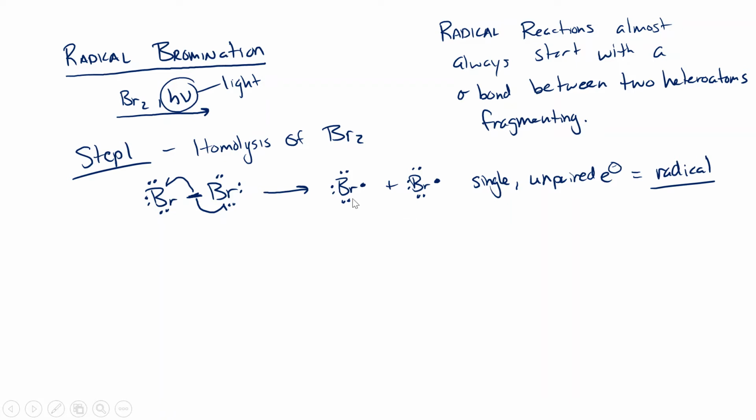They're neutral, but obviously they would like to have a full octet, and so they're still pretty reactive. So radicals in general are reactive, which is good because we want to do reactions with them. But anytime you see Br2 in light, the first thing you're going to do is fragment that bromine-bromine bond, make some bromine radicals. Once you have a bromine radical, oh, this is the initiation step.